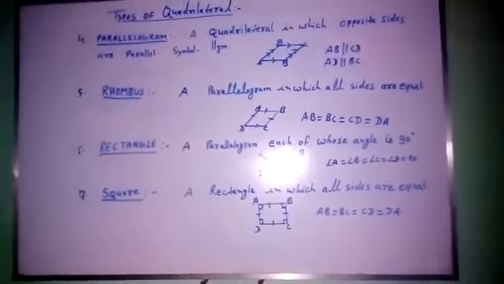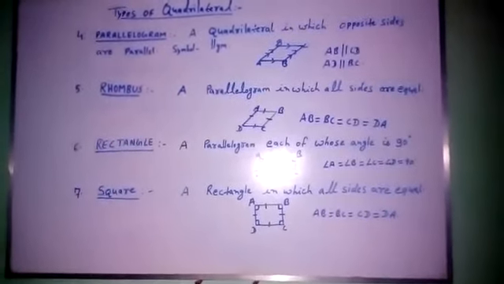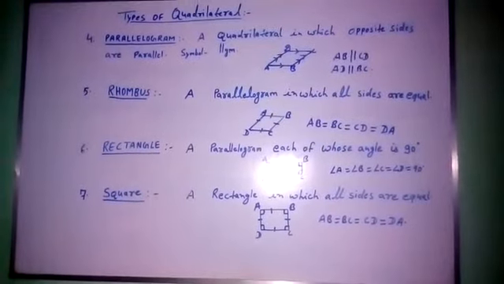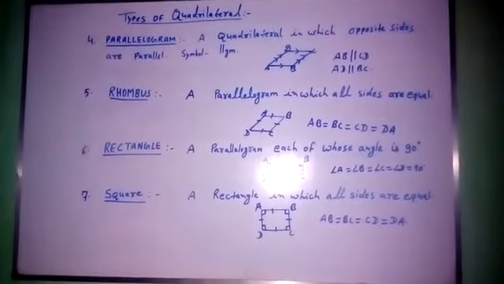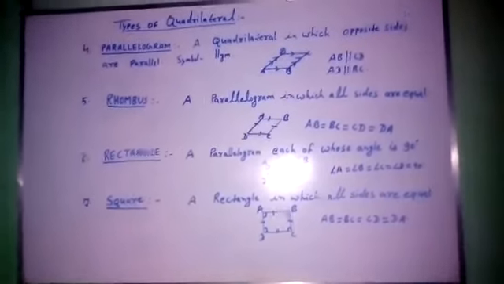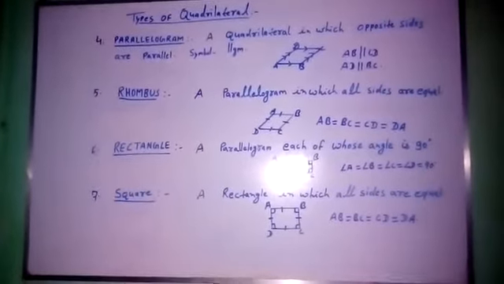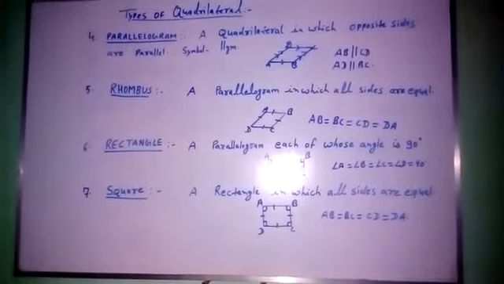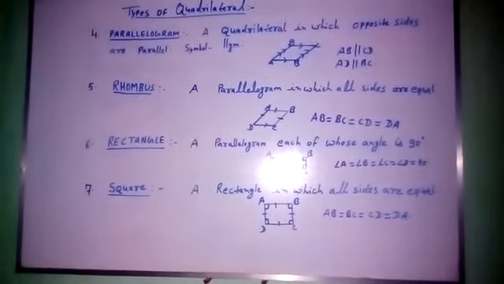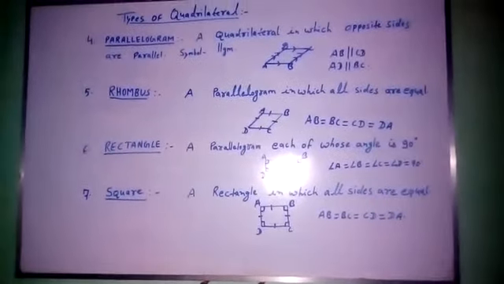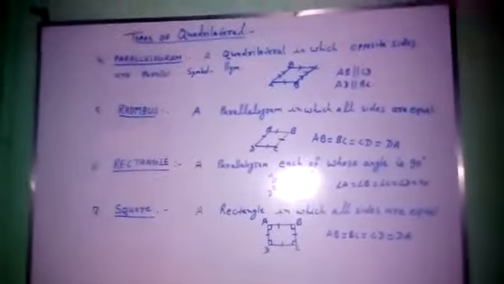Now the last definition is a square. A rectangle in which all sides are equal. It means a square is a type of rectangle in which all sides are equal. And a rectangle is what? One in which all angles are equal, that means all angles measure 90 degrees.